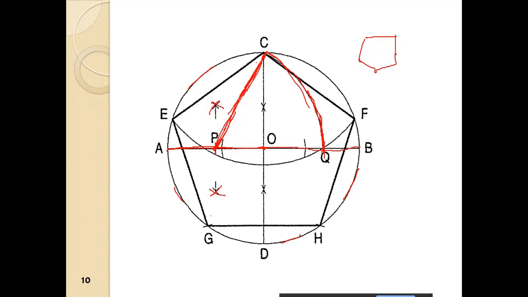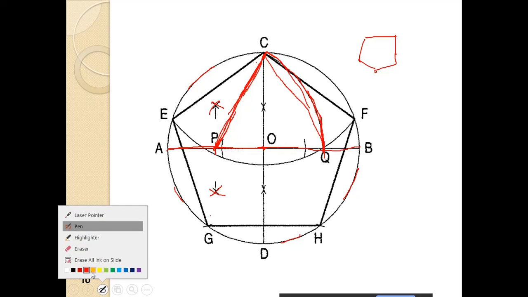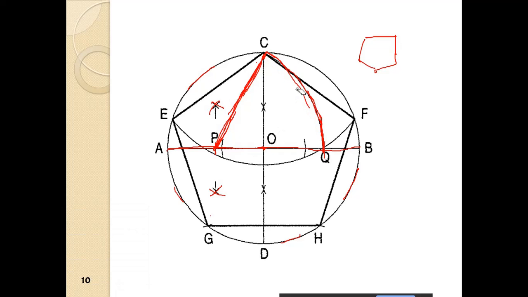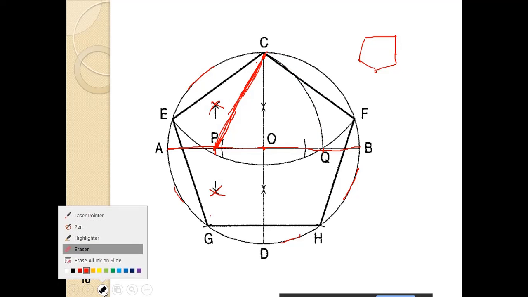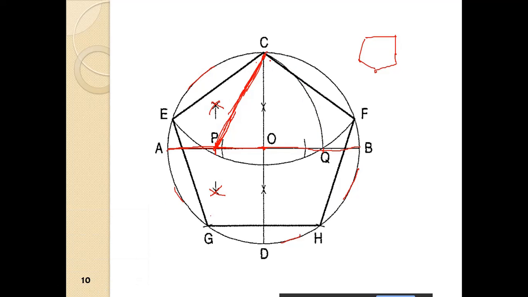Now what we do is we take CQ as the diameter. So now we take CQ as the diameter, and we draw this arc.